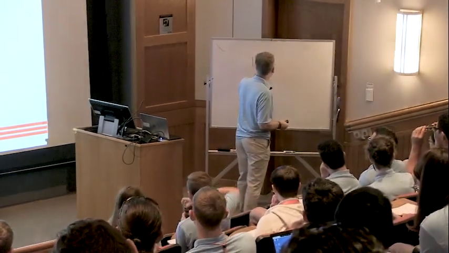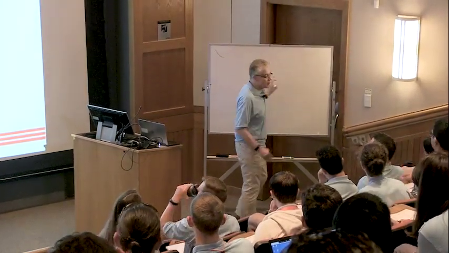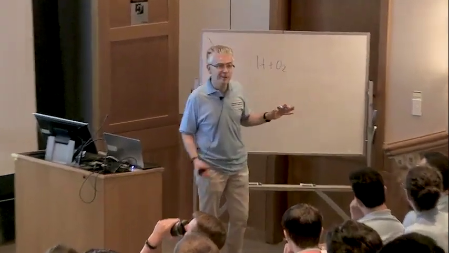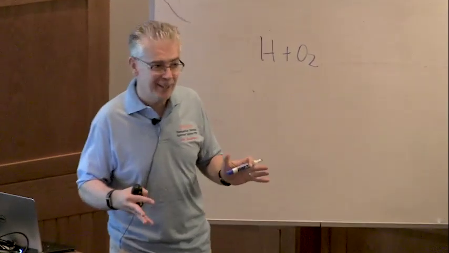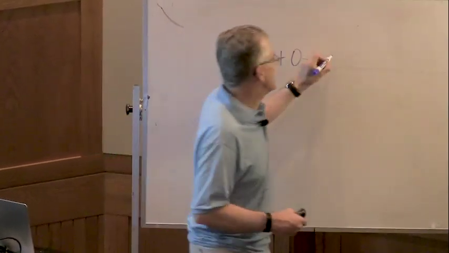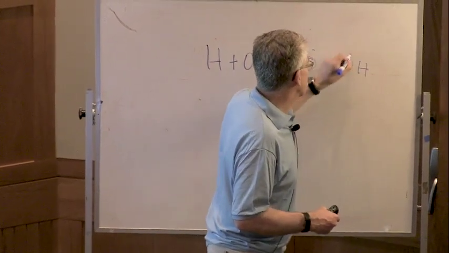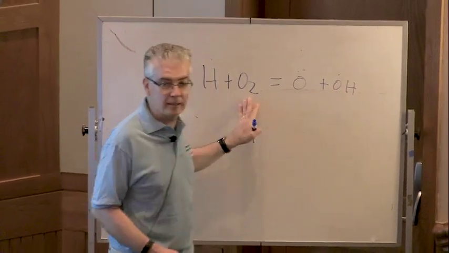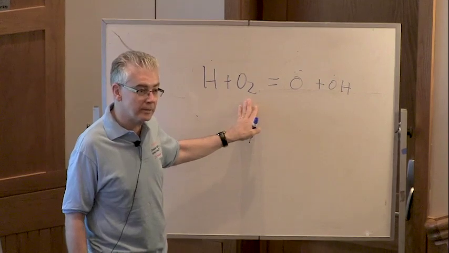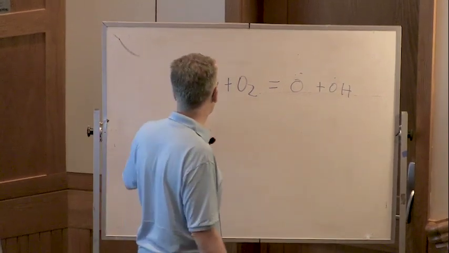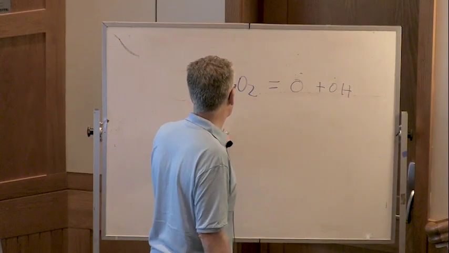We say H plus O2. This is the most important reaction in combustion. So if you don't learn anything else for the week, just learn this. H plus O2 gives O plus OH. So this is bimolecular, and it occurs as written. But we have a competing reaction at certain temperatures and pressures.